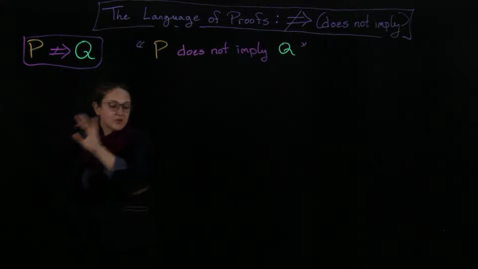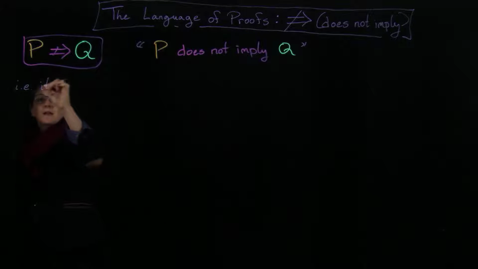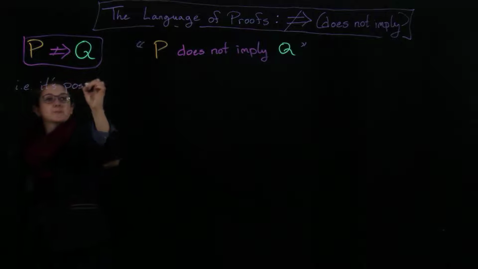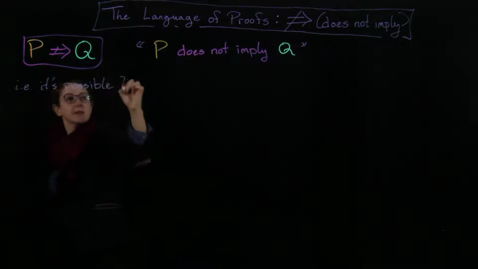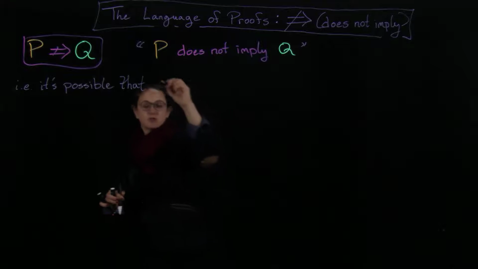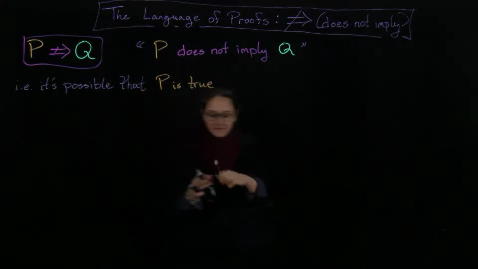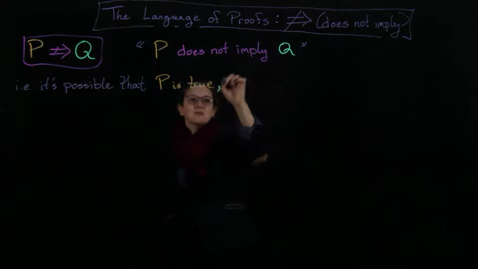It's possible that P is true and Q is false, i.e., it's possible that P is true, right? But Q is false.